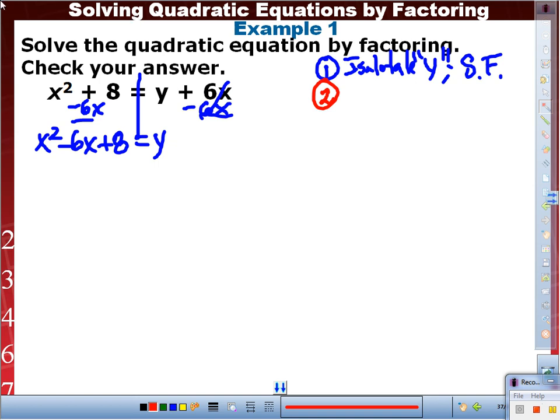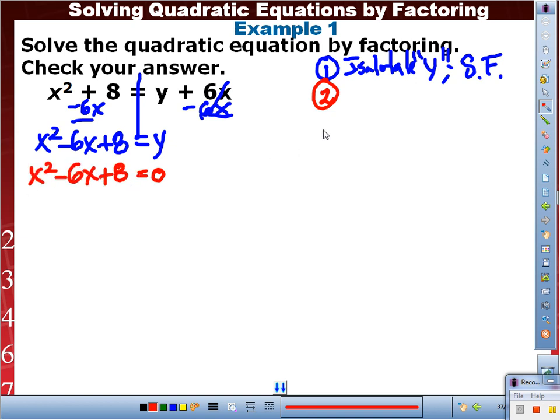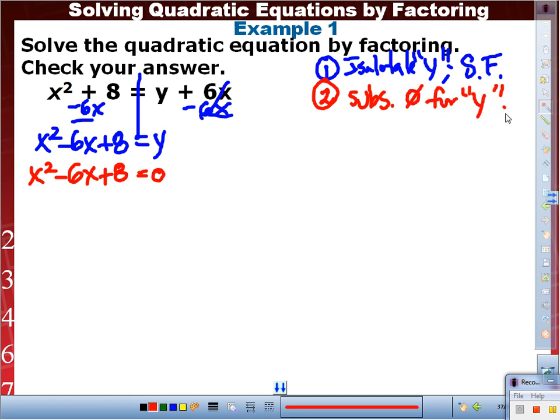That's why step 2, in order for me to solve or to find the solutions or the roots of the x-intercepts, y needs to be what? 0. x squared minus 6x plus 8. So what would I call this step? Substitute 0 for y. That is correct. Write that down. Substitute 0 for y.